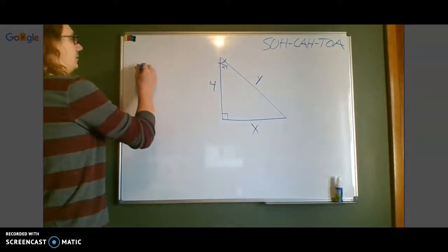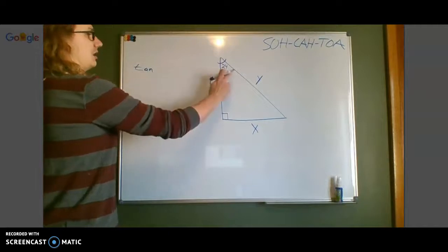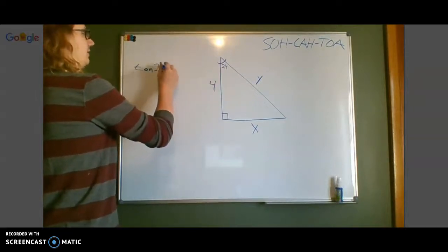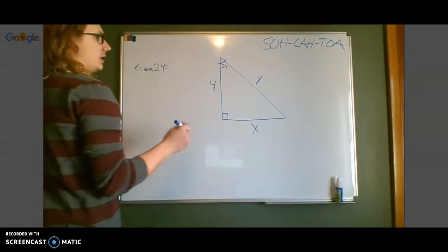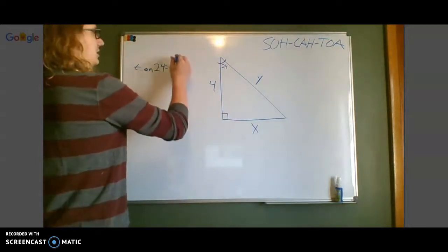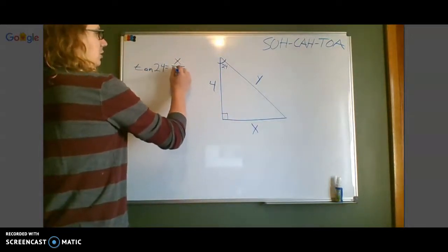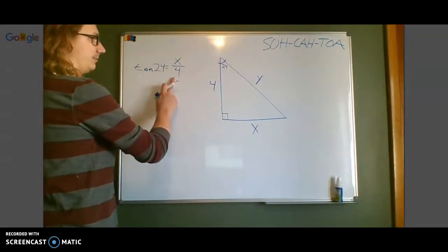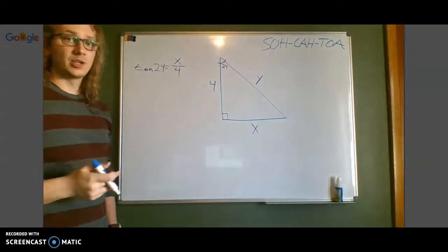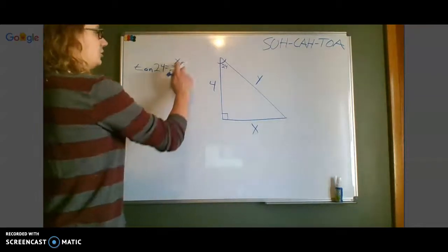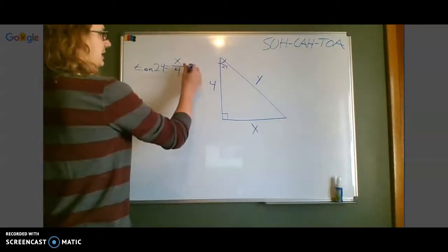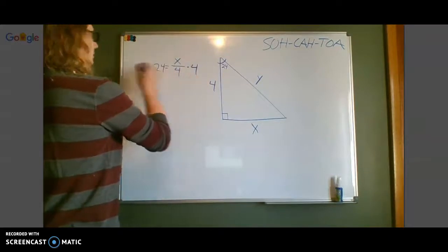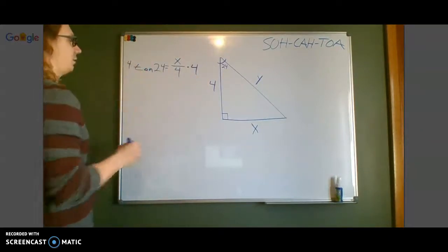So I write the equation. Tangent of my angle measurement, 24, equals my opposite over my adjacent, which will be x over 4, because this is my opposite side, this is my adjacent side. Then we need to solve for x. This is division over here, and I need to get x by itself, so I will multiply both sides by 4.